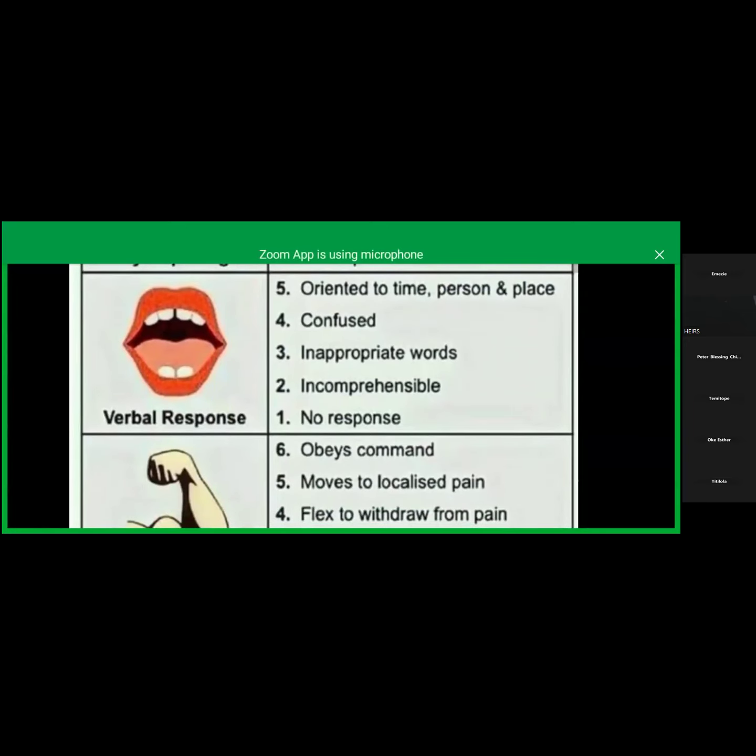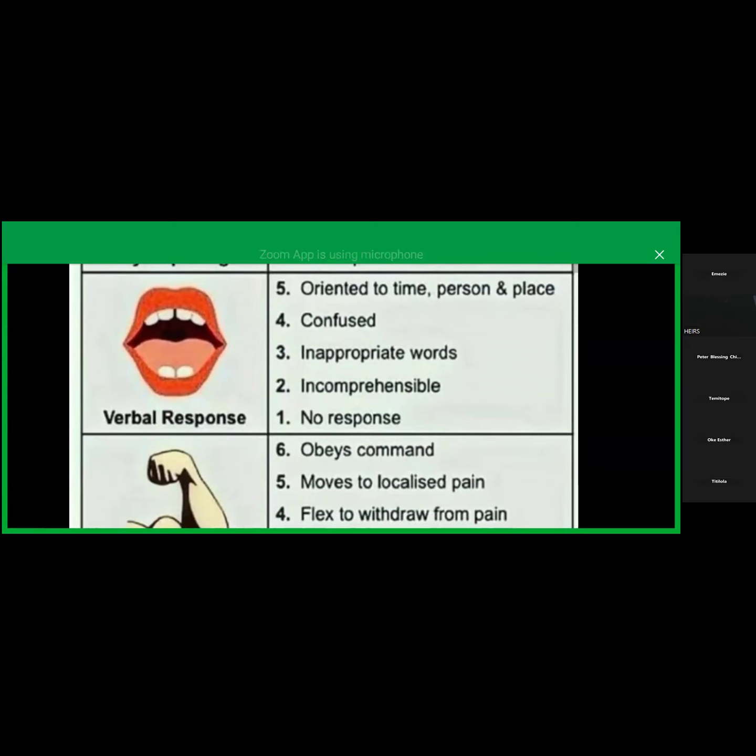So what of best verbal response? Well, best verbal response is also straightforward. We go into the ward and we see our patient lying on bed, Mr. Paul. We call Mr. Paul, how are you? He said, I am fine. Mr. Paul, what is your name? He said, my name is Paul. So this person is having a conversation that is clear and understandable. The person is oriented.